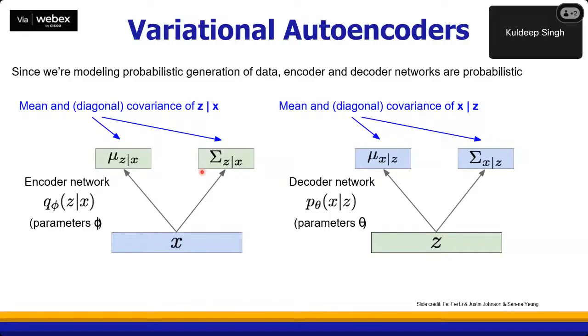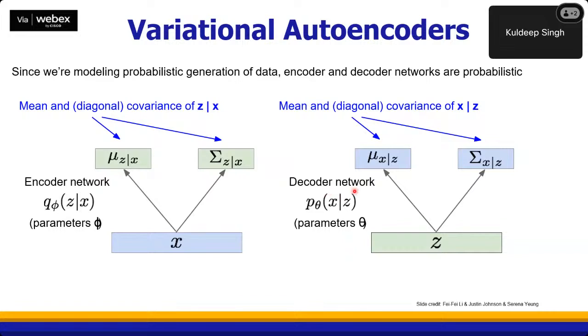The decoder network will be similar, and it will start with Z as the input. This decoder network P X given Z means the input is Z and we are computing X. So this decoder network will give us the mean and the covariance of X given Z. And here, the parameter for this decoder network will be different from the encoder network, and this will be theta.